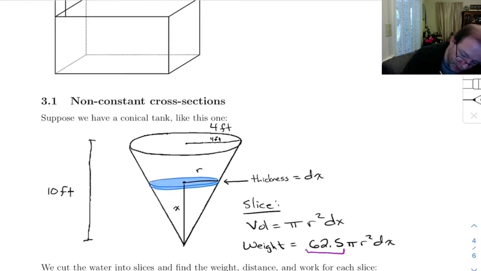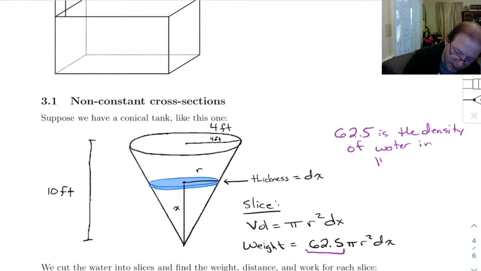Let me write that over here. 62.5 is the density of water in pounds per cubic foot.